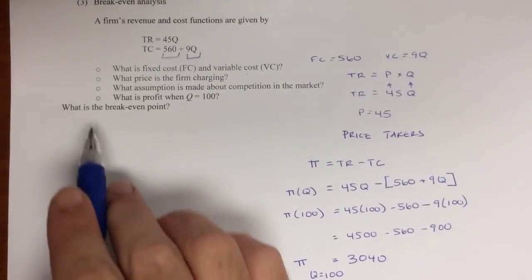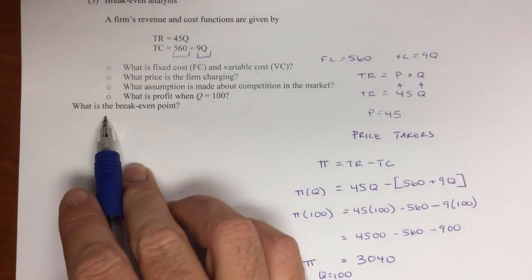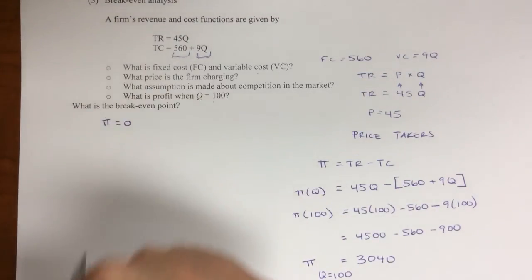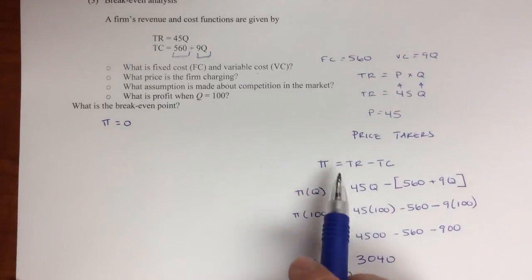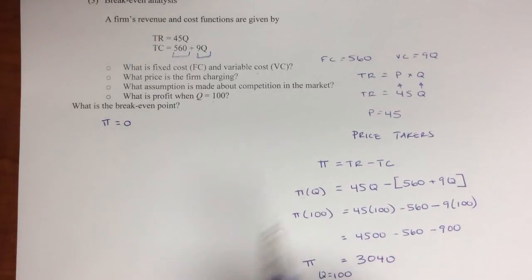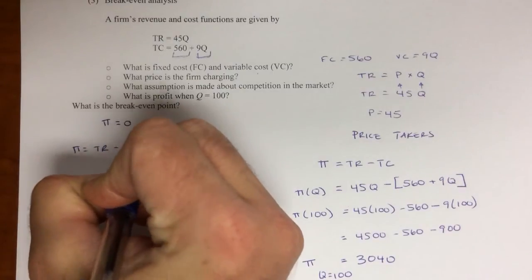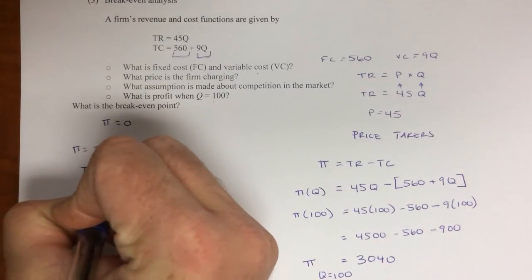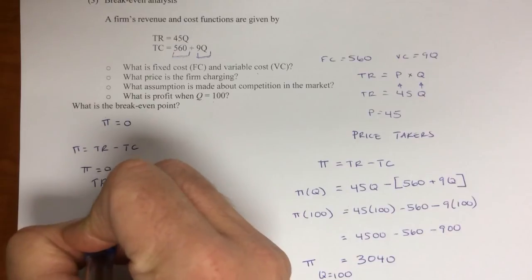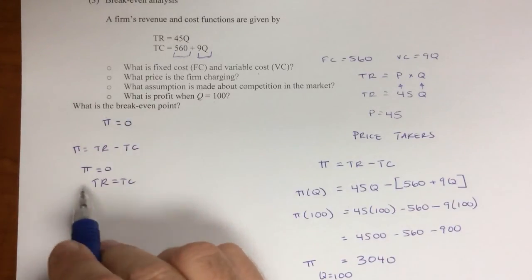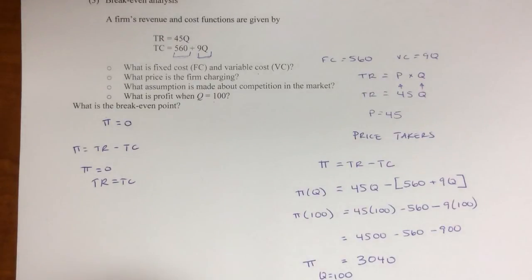Now let's go to this other question. What is the break-even point? The break-even point determines when profits equal 0. So again, we're going to rely on the information that profits is equal to total revenue minus total cost. If profits are 0, then that implies that total revenue equals total cost, because I can add total cost to each side. The break-even point is when total revenue is equal to total cost, or the point at which I first start making a profit.